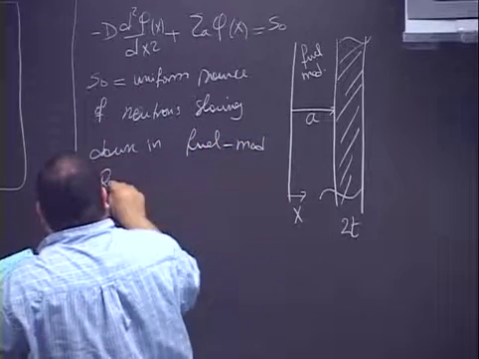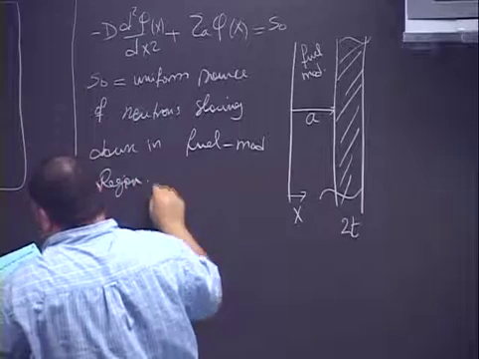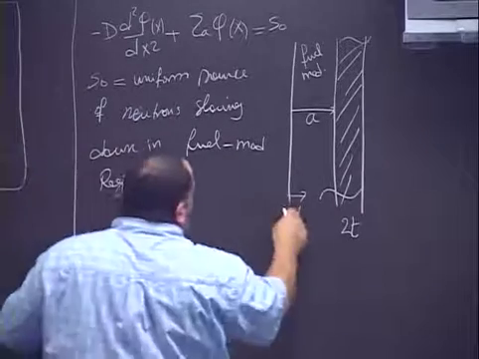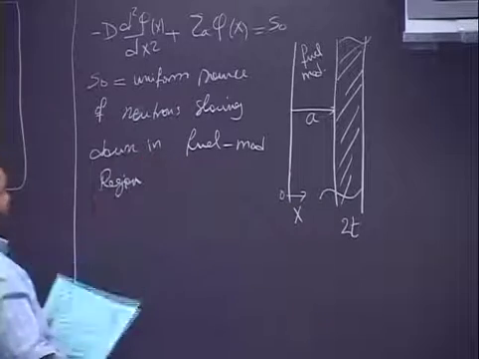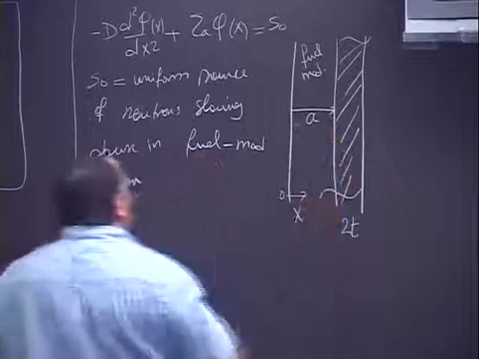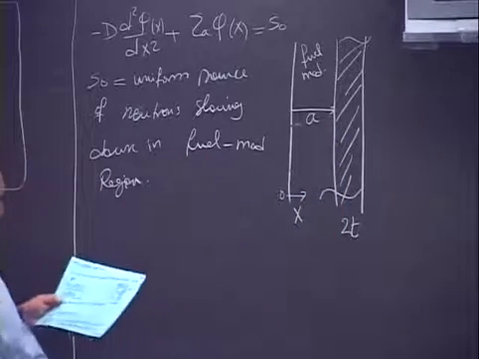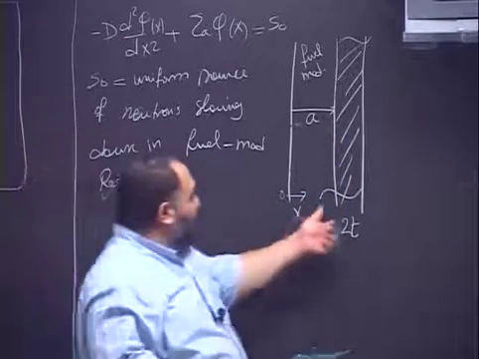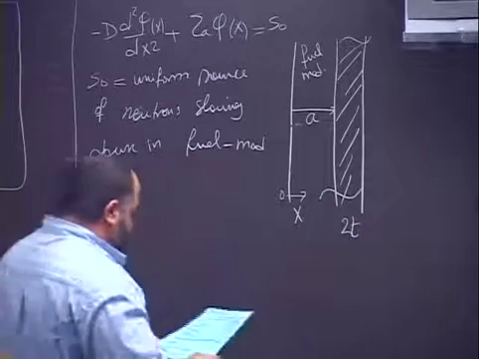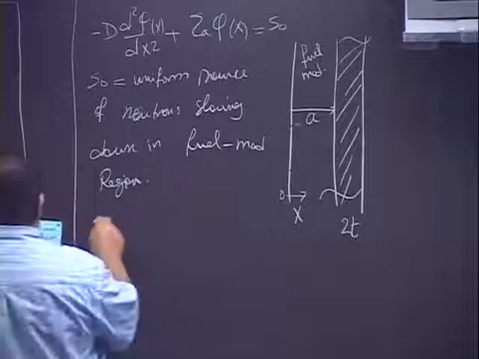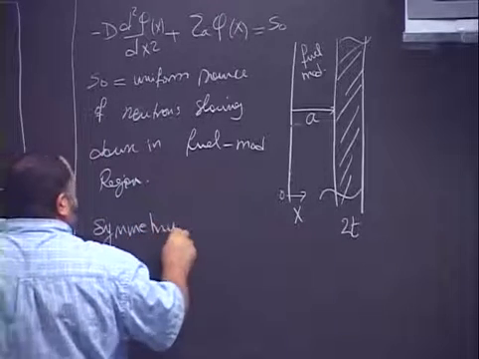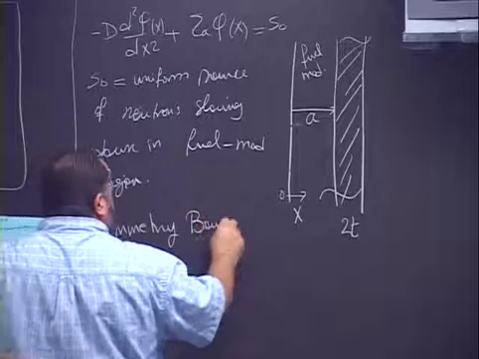The fuel moderator region is defined from x equal to 0 up to x equal to A, and the control rod is from x equal to A to x equal to A plus 2T. And now you have a symmetry boundary condition to solve.